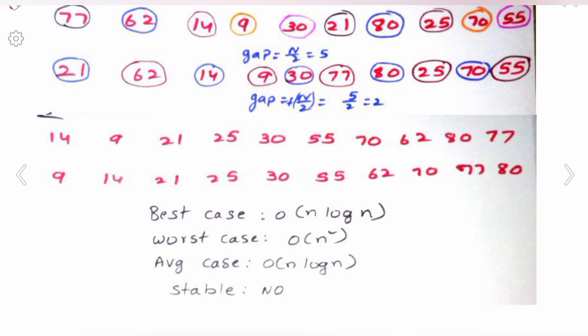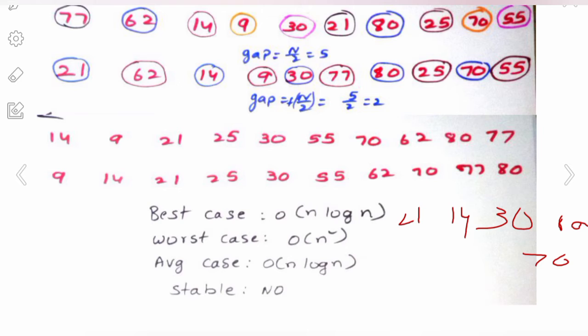What are the 5 elements in the second pass? That is 21, 14, 30, 80 and 70. These are the remaining elements. We have to arrange these elements in the correct order, that is ascending order, using the insertion sort.